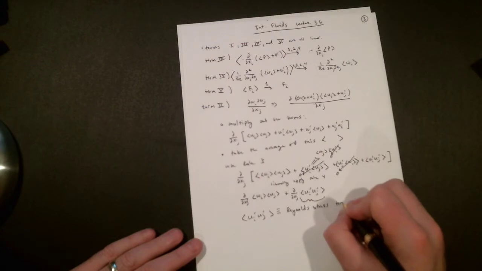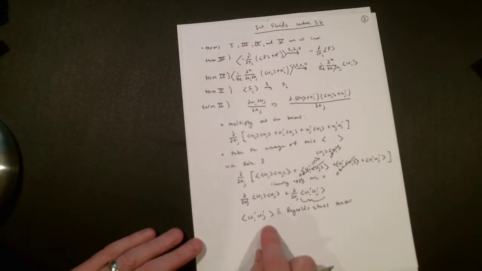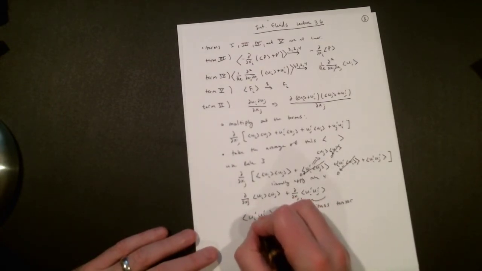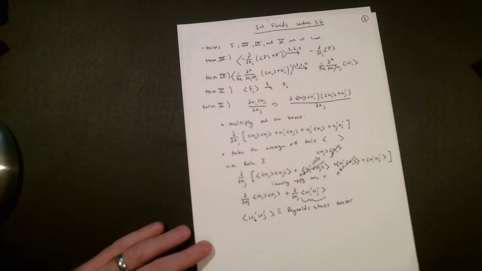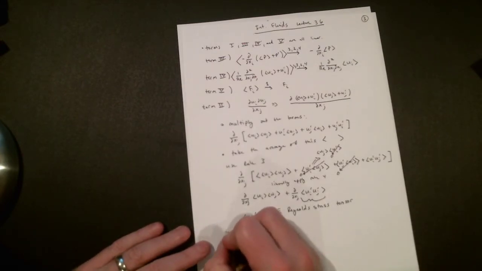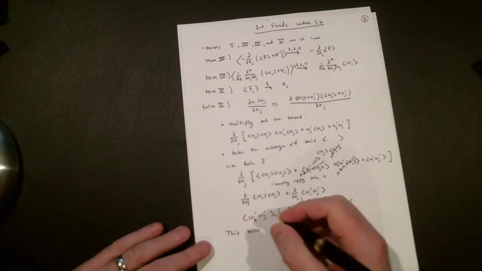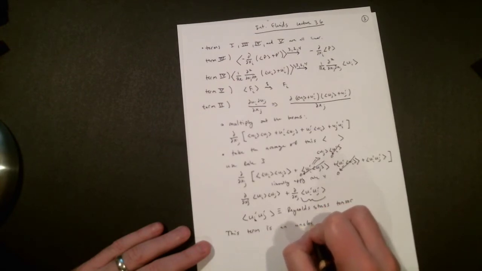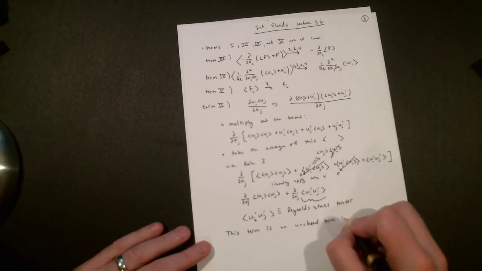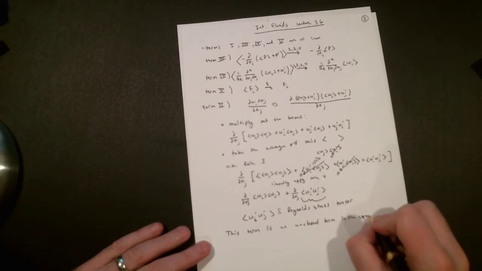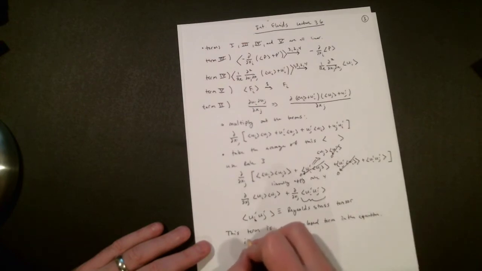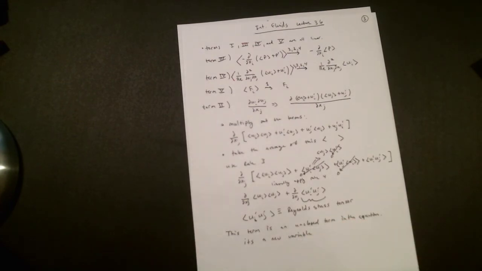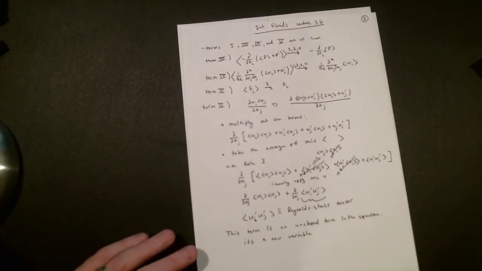And it's a tensor, right? We have 2 free indexes, so that means we have 9 possible values. So this is going to be a tensor quantity. And this is an unclosed term in the equation. Basically, it's a new variable. We've added a new variable to the list, which is this new stress that we didn't have previously.